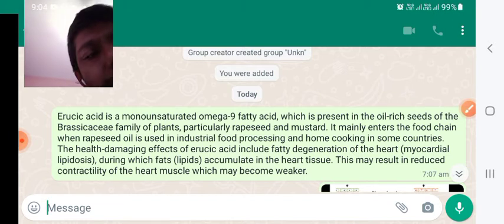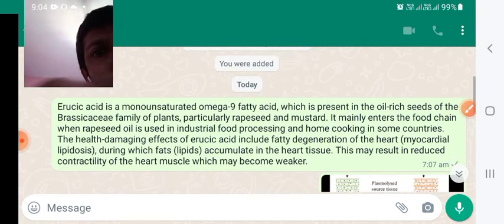Now, erucic acid is dangerous because it has health damaging effects that cause fatty degeneration of the heart, scientifically called myocardial lipidosis, during which fats get accumulated within your heart tissue.